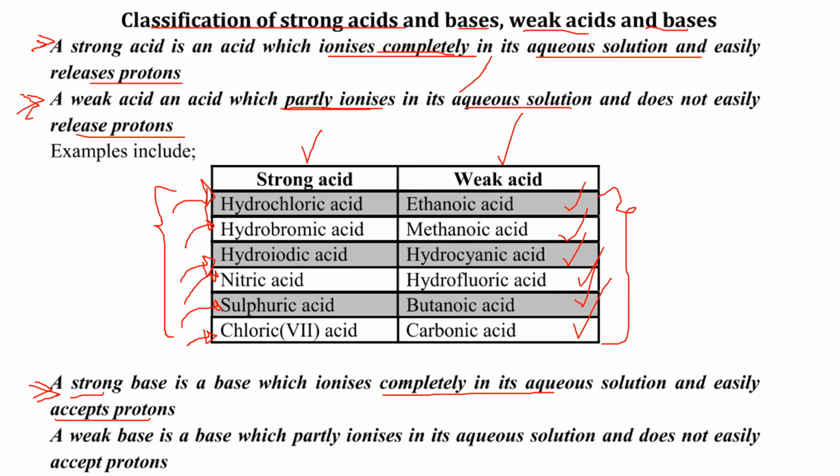So it's going to be that base which ionizes completely in its aqueous solution, and therefore it's always going to easily accept protons. And if you look at a weak base, weak means partial ionization. So a weak base is a base which partly ionizes in its aqueous solution, and therefore, since it partly ionizes, it's not going to easily accept protons.